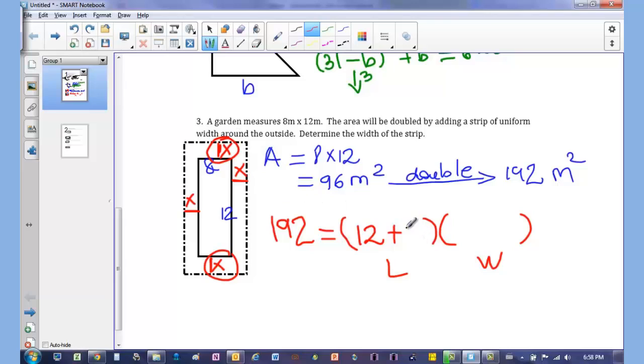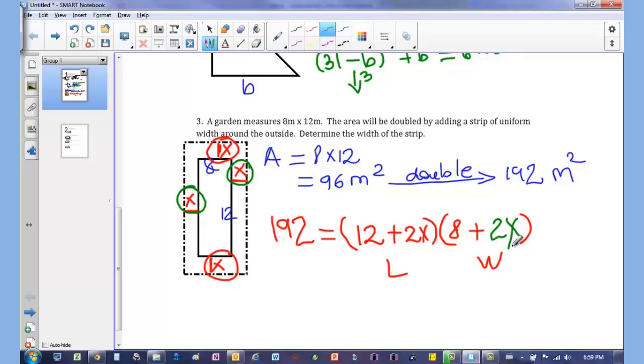How many x's in total? 2 x's. The width was 8 before any modifications. I've added 1x to the left and 1x to the right. How many x's in total? 2 x's.